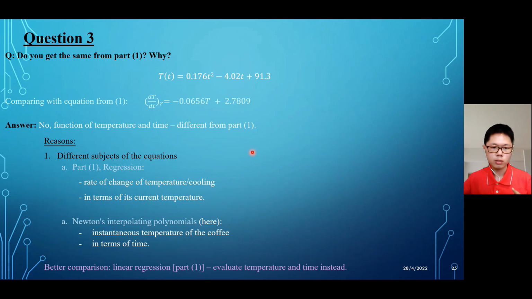Firstly, the subject of each equation is different from one another, where for part 1, the subject is the rate of change of temperature, while the instantaneous temperature of the coffee is the subject for the equation of Newton's interpolating polynomials. For better comparison, it is recommended that temperature and time were evaluated using linear regression in part 1.